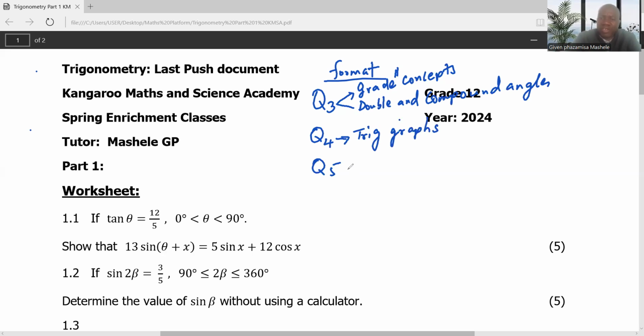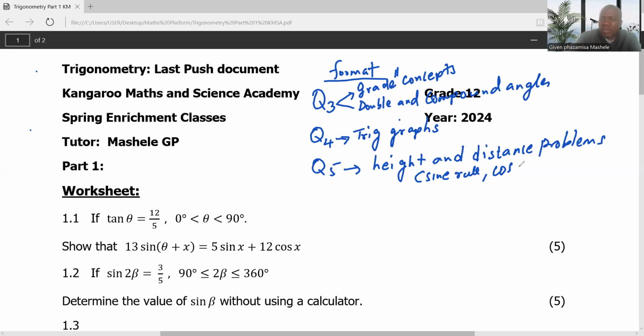And the last question is based on height and distance problems, which include the use of the sine rule, cosine rule, and also the area rule. Not forgetting SOHCAHTOA, trigonometric ratios. You have a right angle triangle.